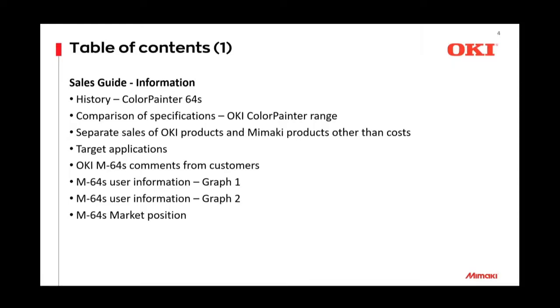We're going to have a look at some comparison of specs regarding Mimaki's OKI range. We want to separate sales of OKI products and Mimaki products. And we're going to look at target applications, some comments from customers, and some user information. A couple of different graphs I want to go over there. And then the M-64s market position.